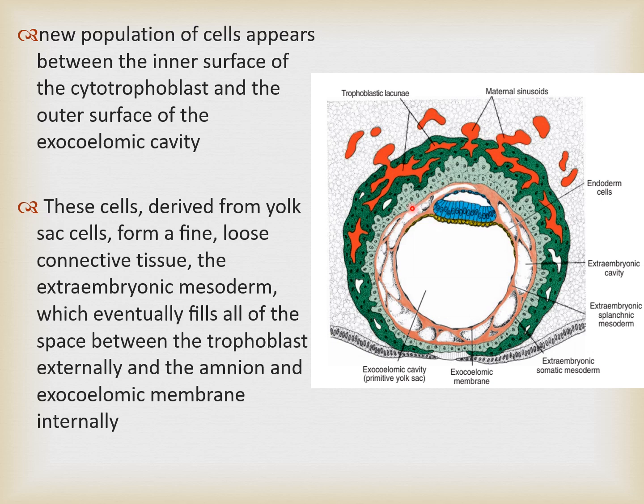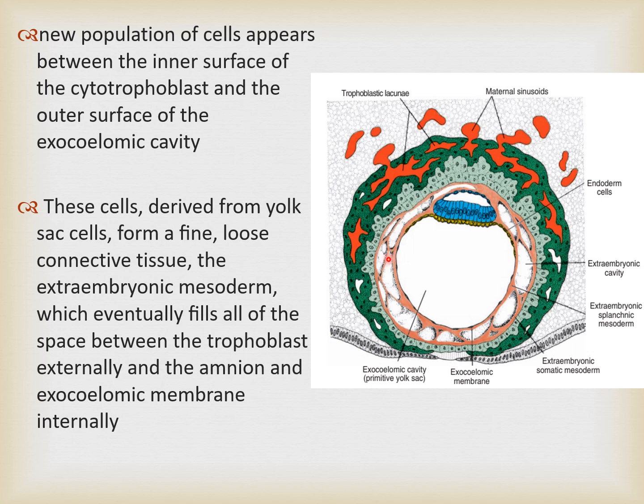Here you can see that a new population of cells arises from the inner surface of the cytotrophoblastic cells. These light green cells are the cytotrophoblastic cells. There are also new cells arising from the outer surface of the exocoelomic cavity. This is the exocoelomic cavity.